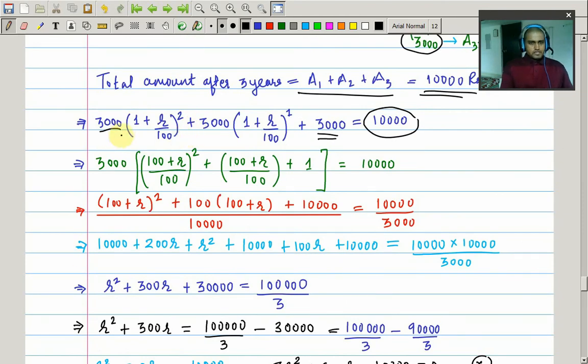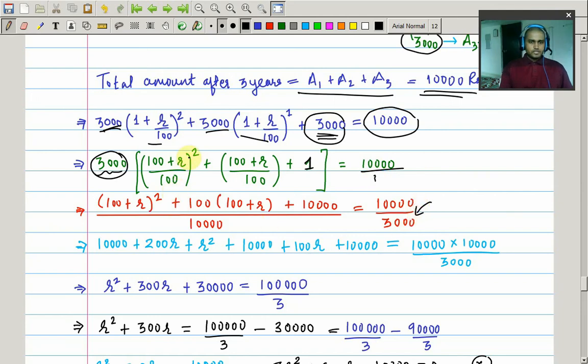Now what I have done, I have taken 3,000 common, and in the bracket I am left with this thing, and instead of 3,000 only 1. So this 3,000 is moving to the RHS in the denominator.